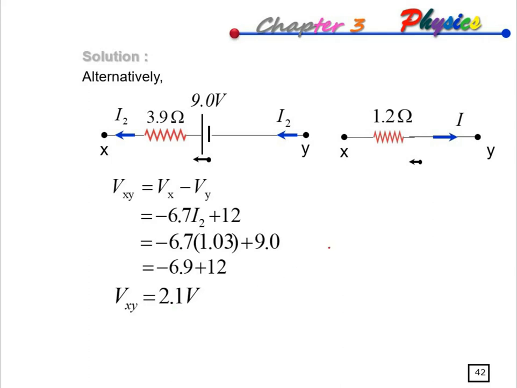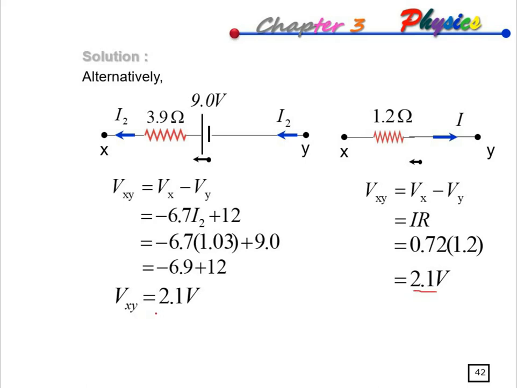Then we can have another alternative. Vxy equals Vx minus Vy, but we use the value of the 1.2 ohm resistor. So we have the value for Vxy as 2.1 volts, also 2.1 volts.